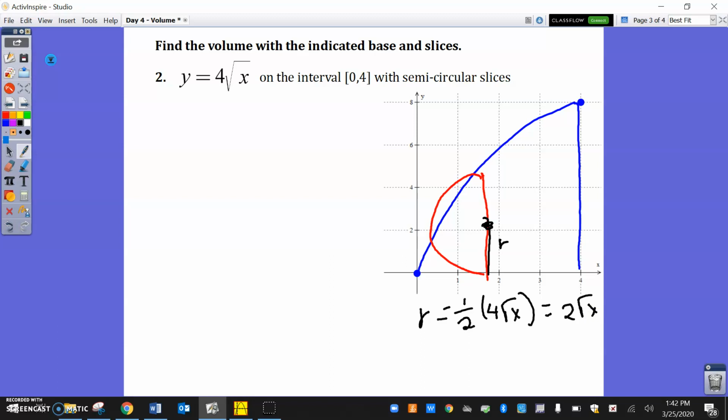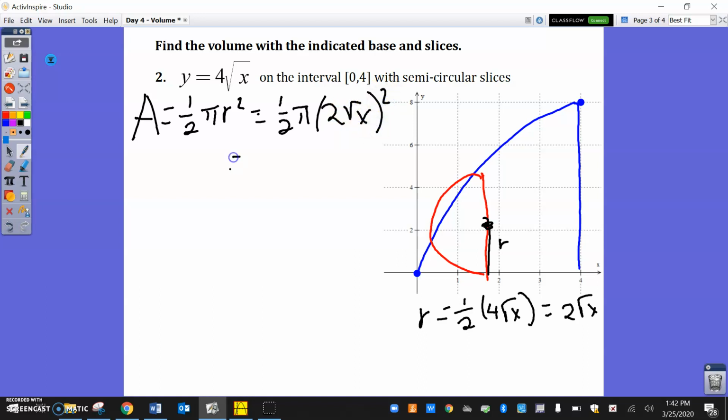Okay. Then I'm going to simplify my area formula. So area of a semicircle, half the area of a circle. So that's going to be 1/2 pi. I just found my radius over here to be 2 times the square root of x. So that's going to be 2 root x squared.